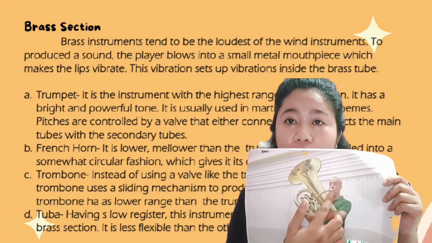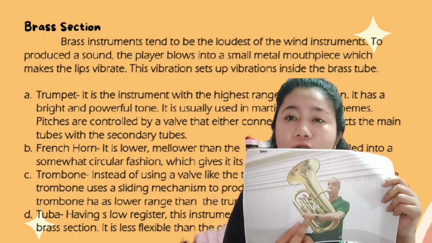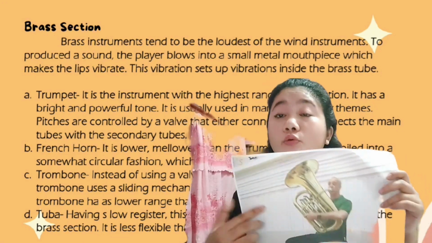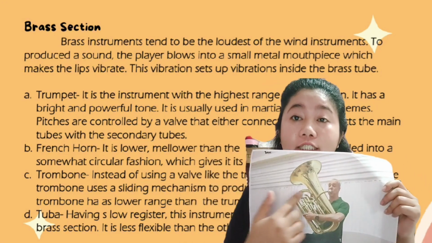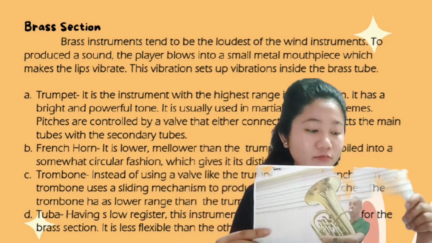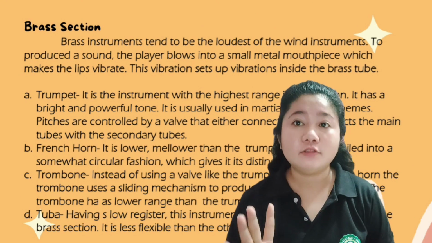And then, dito siya nag-blow yung tao. And then, to create different sounds, ginagamitan din siya ng kanyang fingers to control the pitches of this. So, this is the image of tuba. So, sa brass section, meron tayong trumpet, French horn, trombone, and then the tuba.